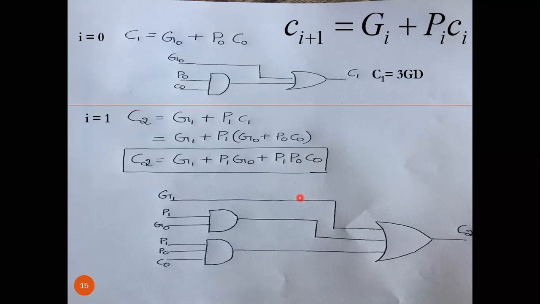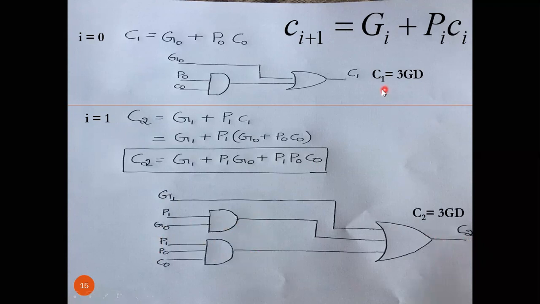Both these AND gates will produce the output in one more gate delay. So 1 gate delay for the generate and propagate functions, 1 gate delay for the AND gates, and 1 more gate delay for the OR gate. Totally, I require 3 gate delays to produce C2.